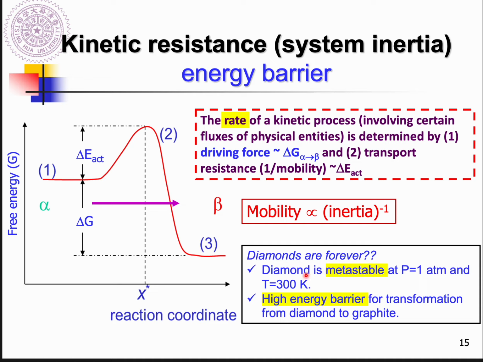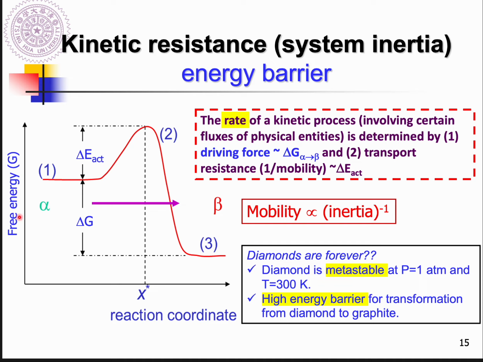As you know, diamond, with sp3 carbon, is metastable at pressure equal to 1 atm and at room temperature. sp3 diamond is metastable compared to sp2 carbon, for example, like graphite. So diamond is more metastable, but graphite at these conditions actually is more stable, right?